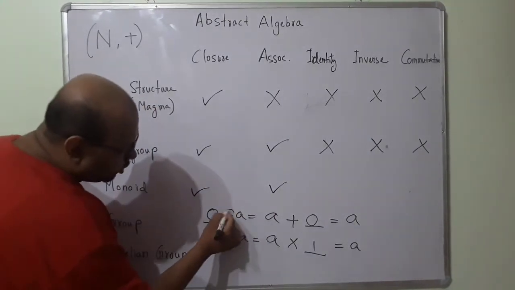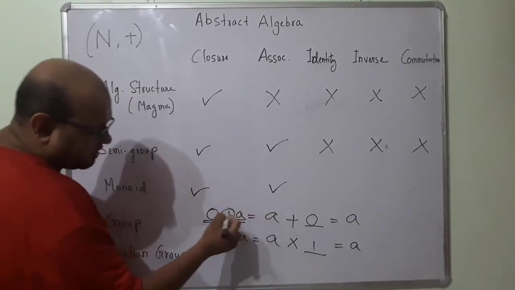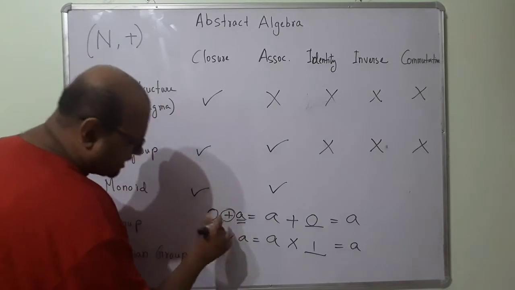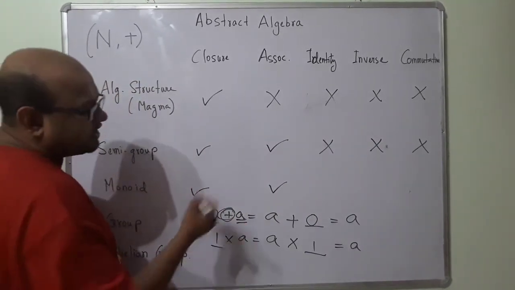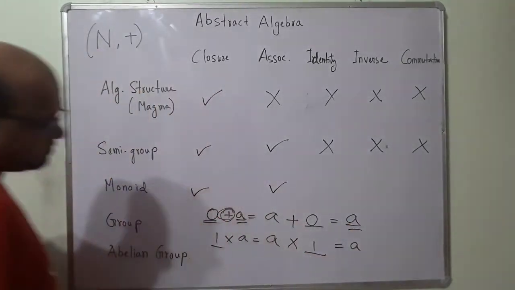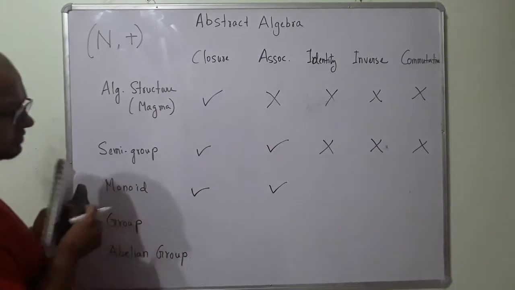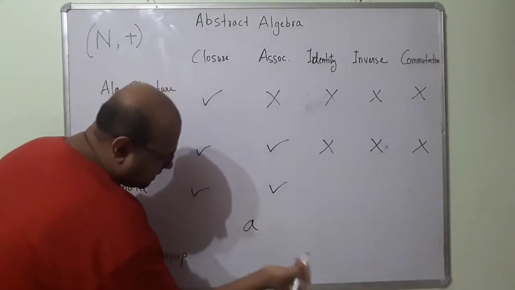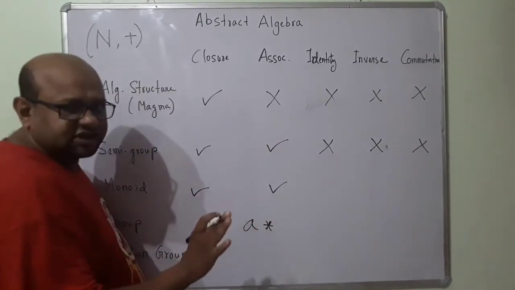When I apply the operation on the identity and an element of the set, I will get back the element of the set. So if I write it like this, I have this element A from my set and some operation, this is not multiplication, this is a general operation that I am writing.